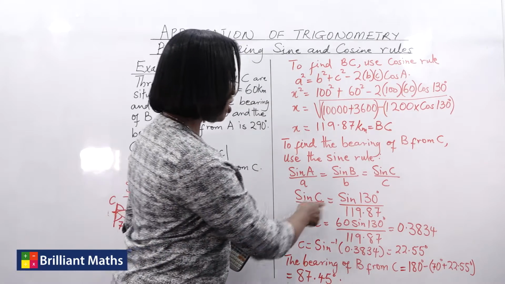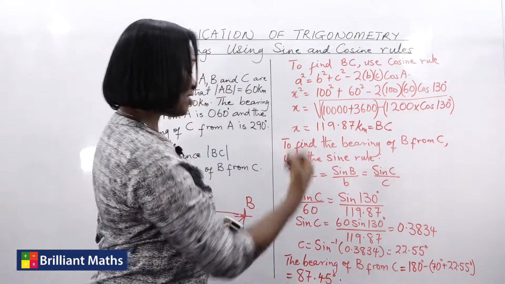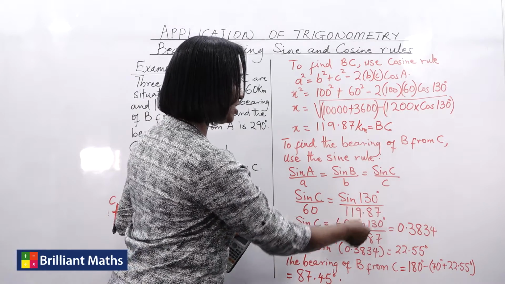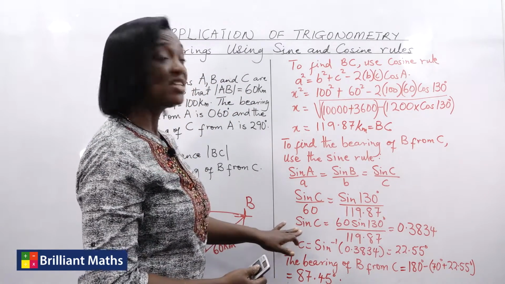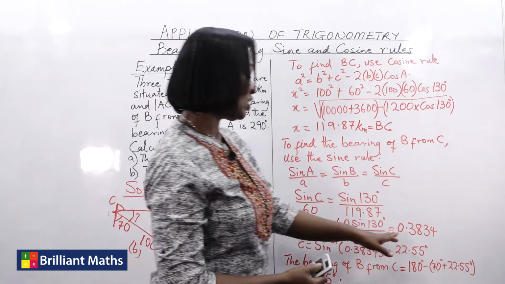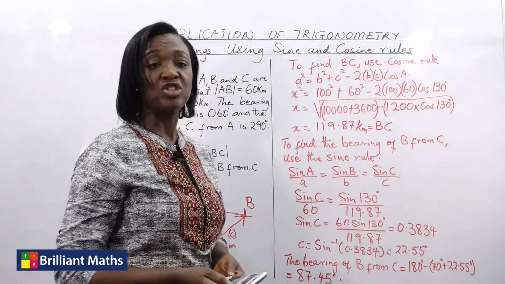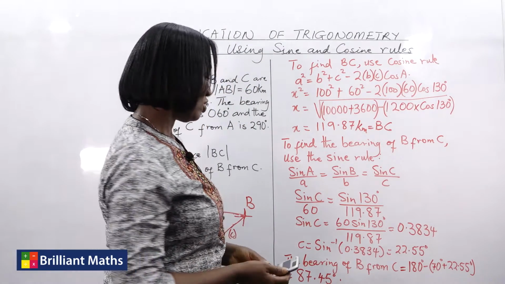So when you simply multiply 60 by sine 130 degrees and divide by 119.87, you will get sine C. So the sine of angle C is equal to 0.3834. Please put that into your calculator to make sure.